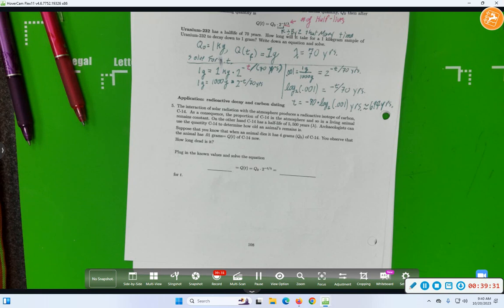I can measure how much C14 is in it now by doing some sort of chemistry, I don't know. You can then set up an equation and solve to figure out how long this thing had been dead. Assuming you know the half-life of C14, which is apparently about 5,500 years. I've obviously rounded that off because nothing's going to be exactly that. The half-life is some longer number than that.